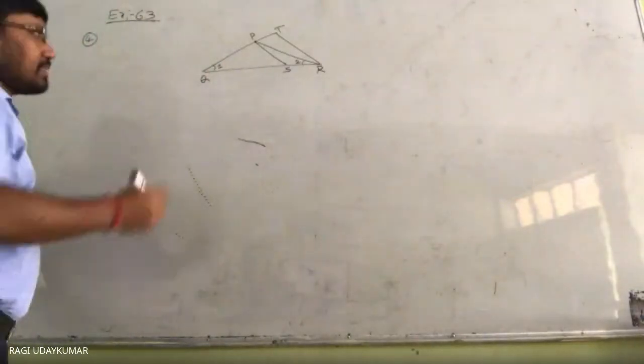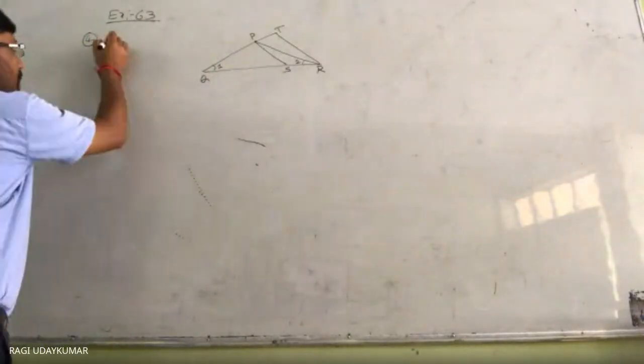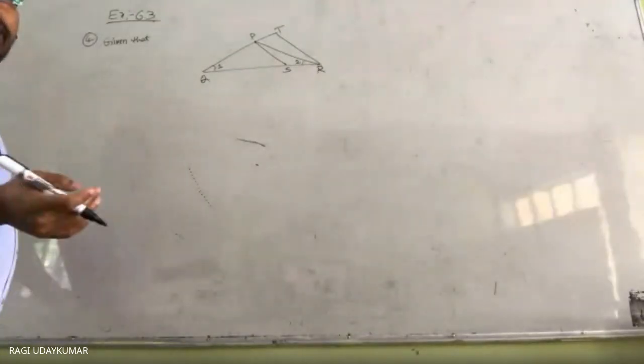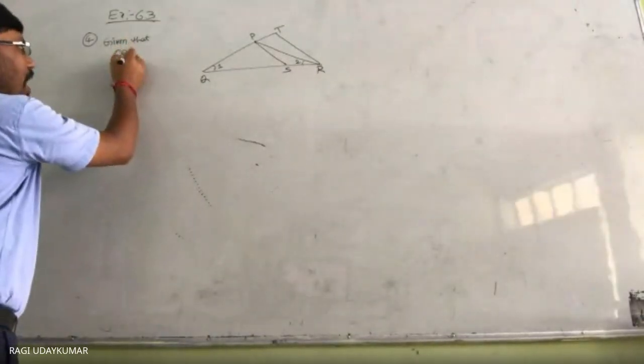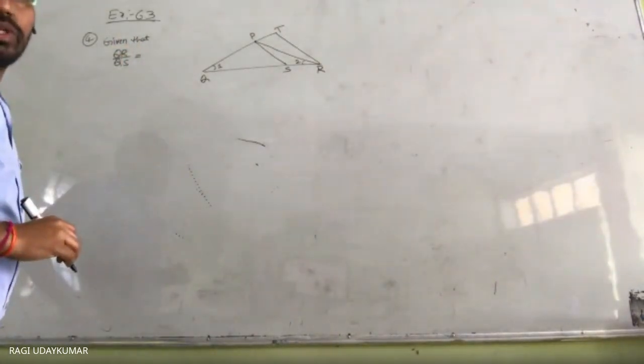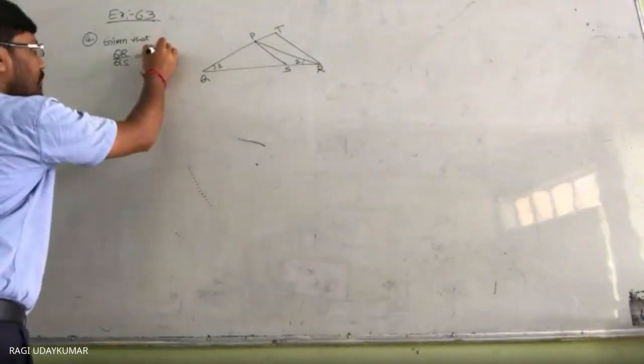So what is given in this problem? Given that QR by QS is equal to QT by PR.